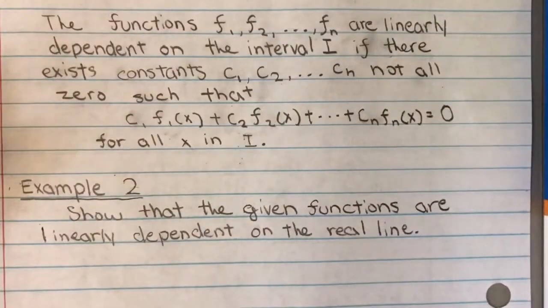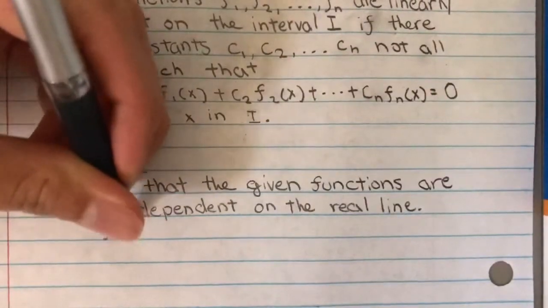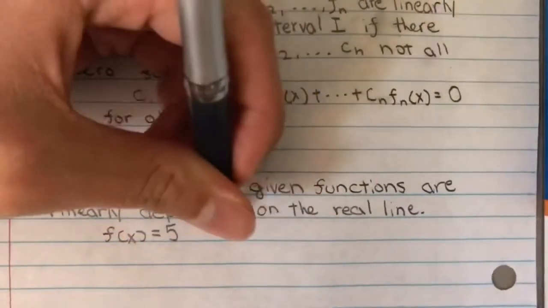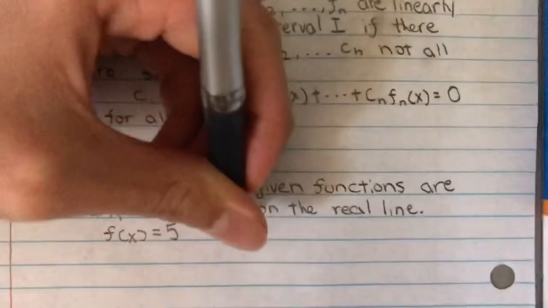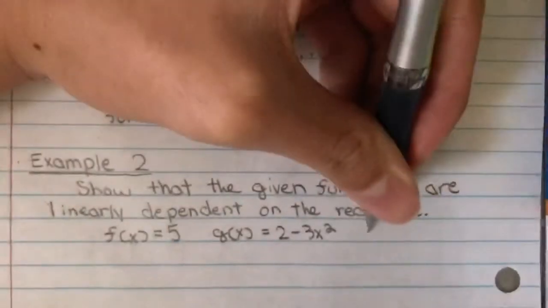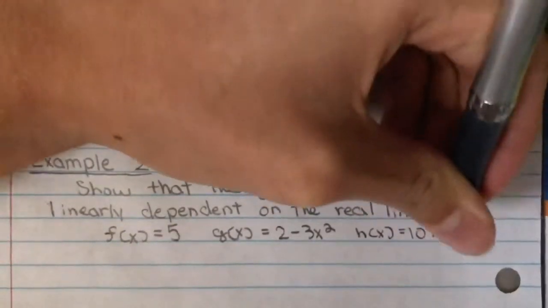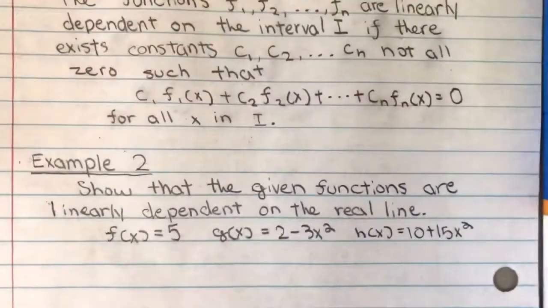Alright, so the three functions are f of x equal to 5, g of x equal to 2 minus 3x squared, and h of x is going to be 10 plus 15x squared.